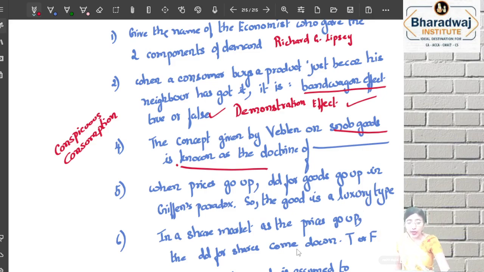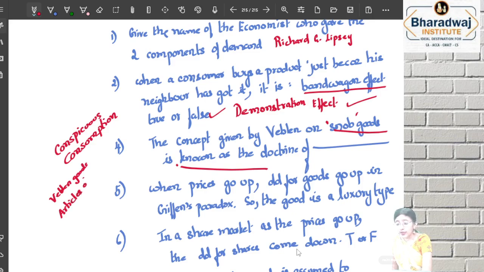Okay. Now I ask you an additional question. What are the other names for snob goods? The list of names was given, because any name they will use in the exam. That's why I'm asking. Veblen goods. You remember this?